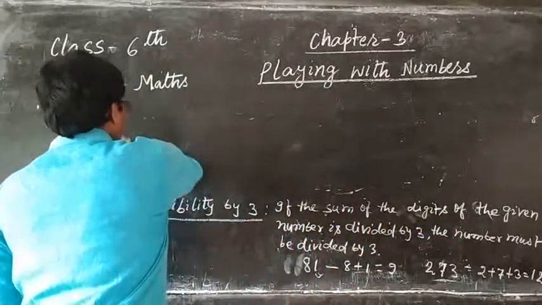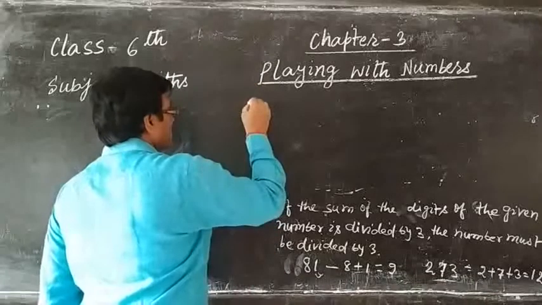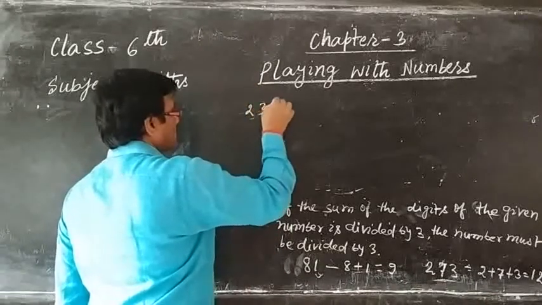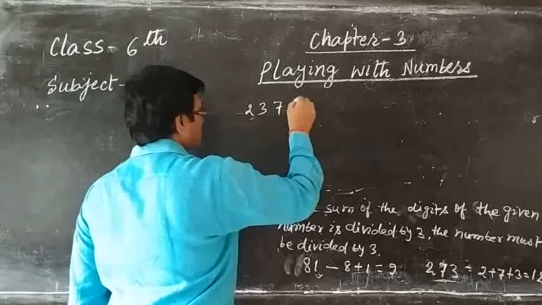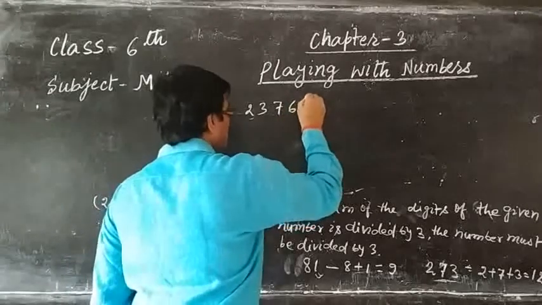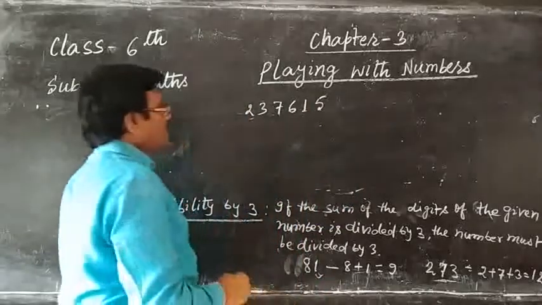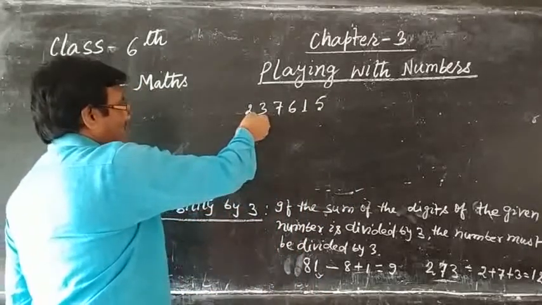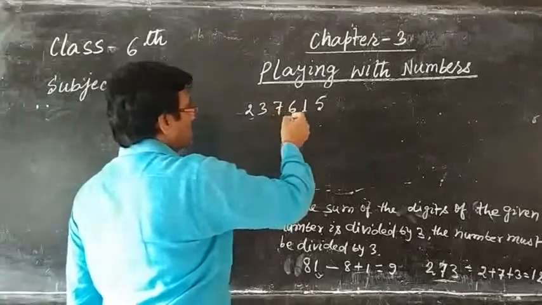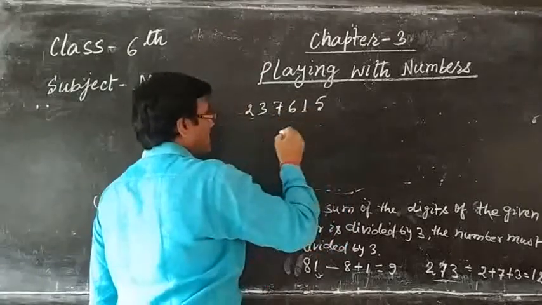Suppose I have a number 2,37,650. What you have to do?